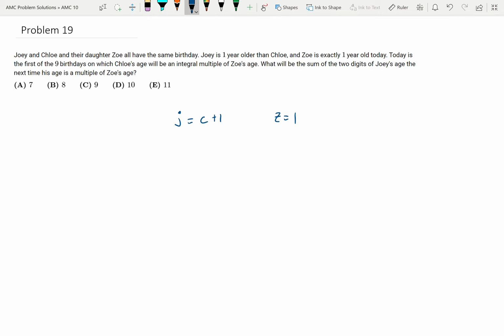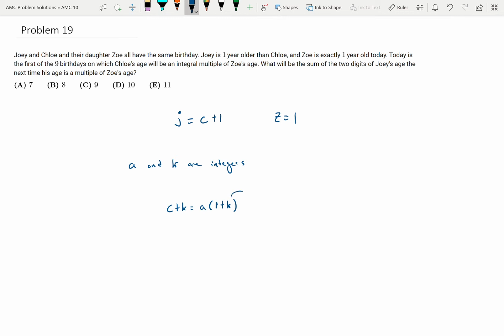So one equation I can set up, let's say A and K are integers. Writing this equation where there are 9 times Zoe's age is going to be an integral multiple of Chloe's age. If I write C plus K equals A times 1 plus K, this is an equation for that scenario.